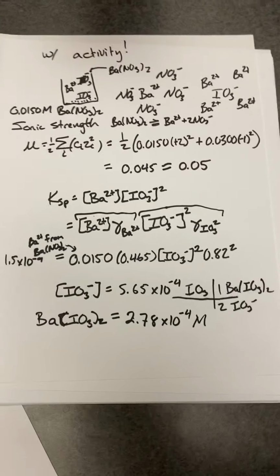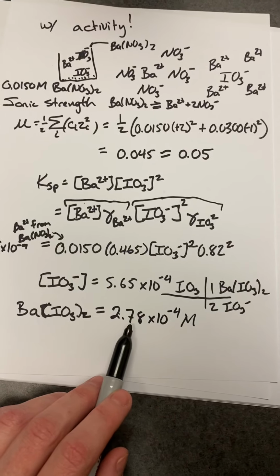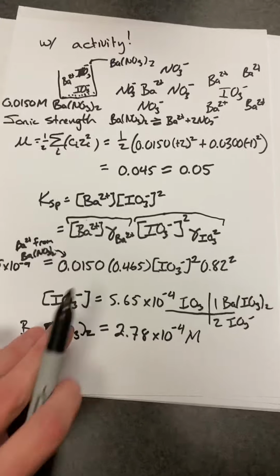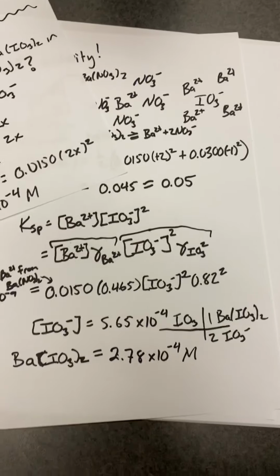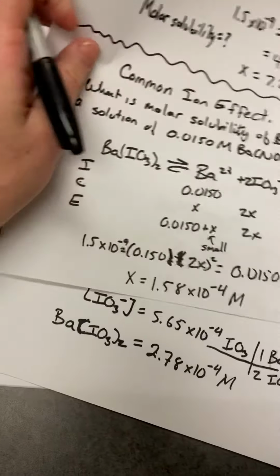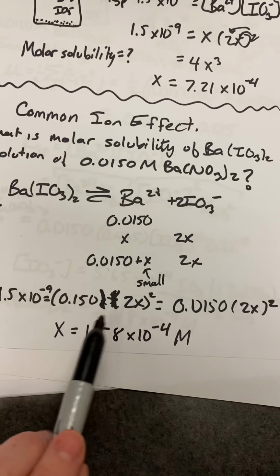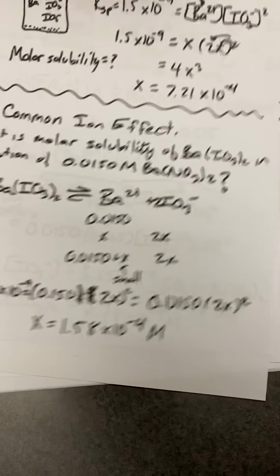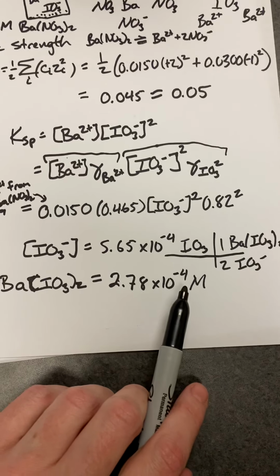So let's talk about these differences. This concentration should have gone up from the last one, and in fact, it did. When we didn't have activity in mind at all, it was 1.5 times 10 to the -4. But now that we took activity into account, it's 2.78 times 10 to the negative 4.